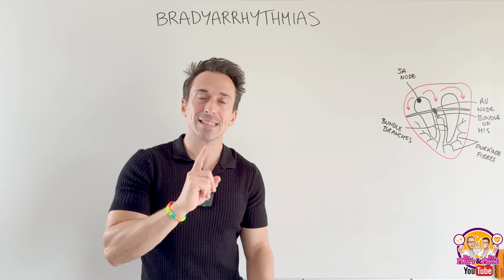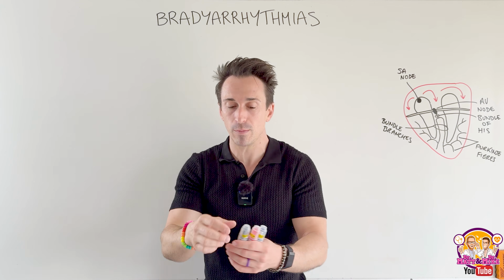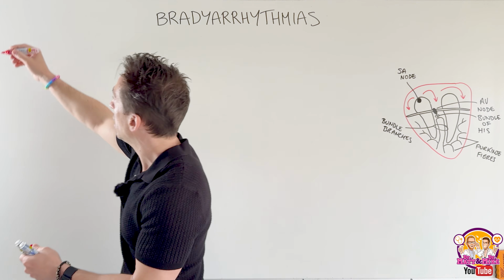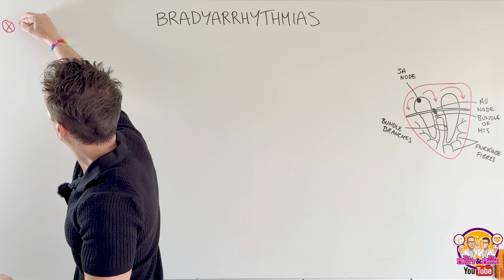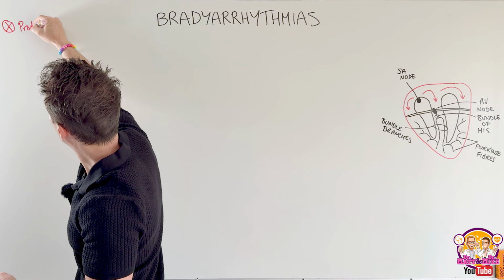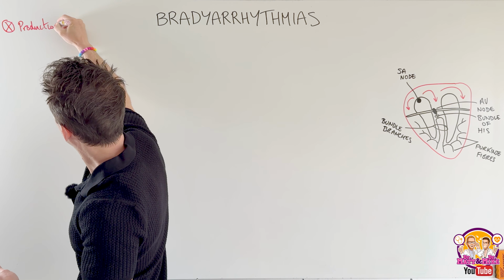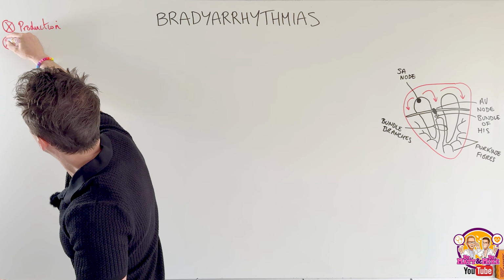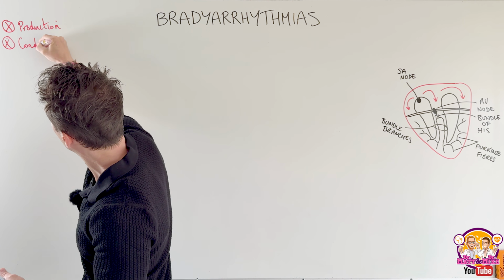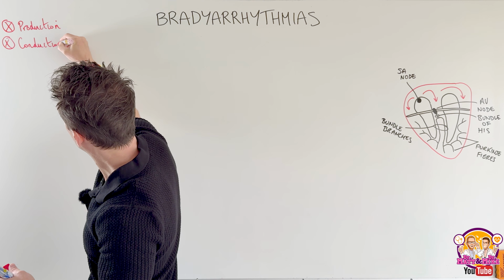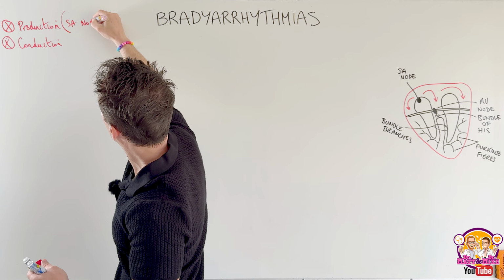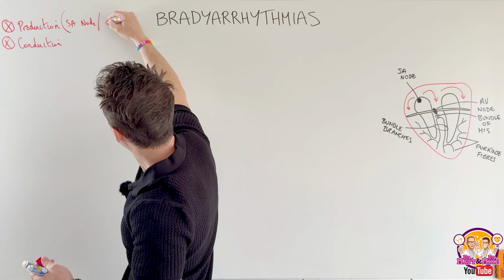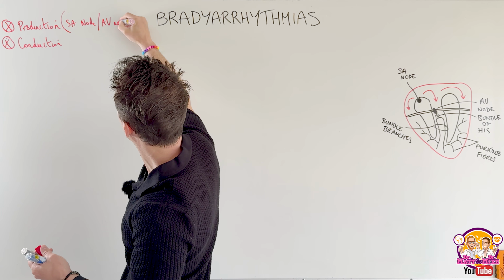And bradyarrhythmias are no different. So you need to know that it's either an issue with electrical production or an issue with electrical conduction. So production is going to be referring to the SA node predominantly, but it can also refer to the AV node.